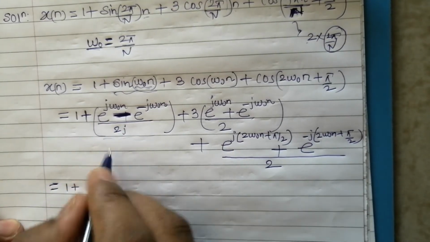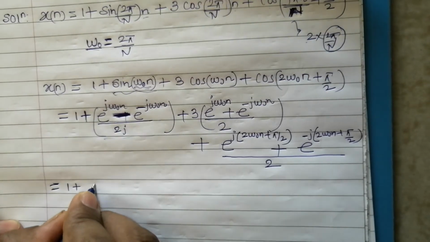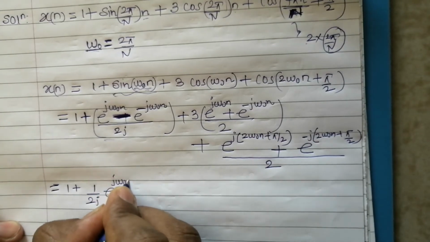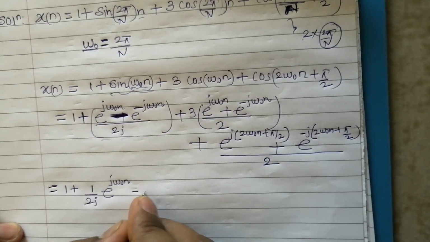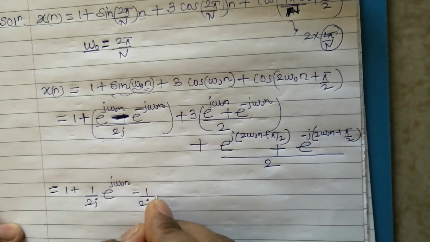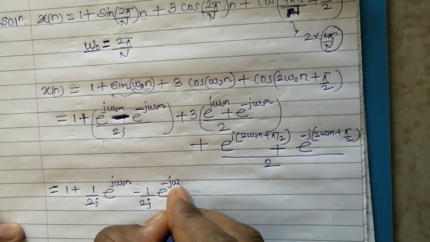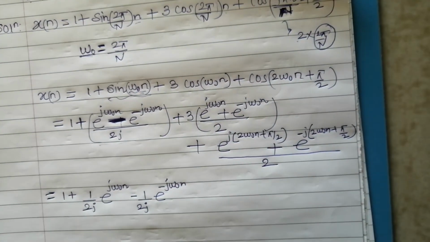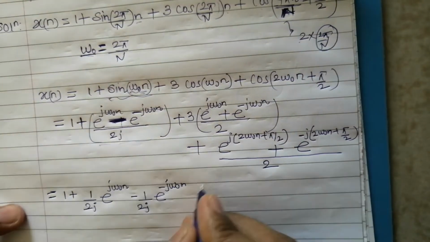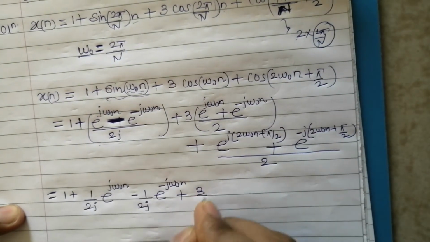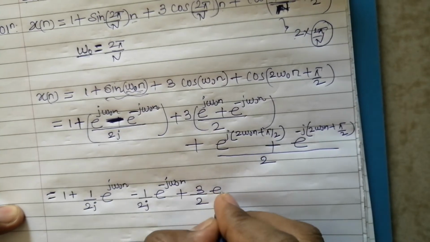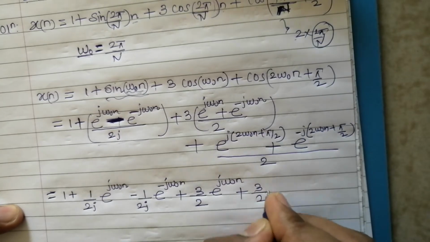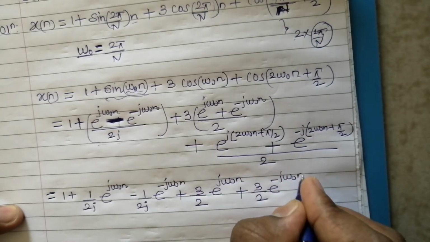So let us see here, this part can be written as 1 upon 2j e raised to power j omega naught n, then this minus sign, so minus 1 upon 2j e raised to power minus j omega naught n, plus 3 by 2 e raised to power j omega naught n plus 3 by 2 e raised to power minus j omega naught n.